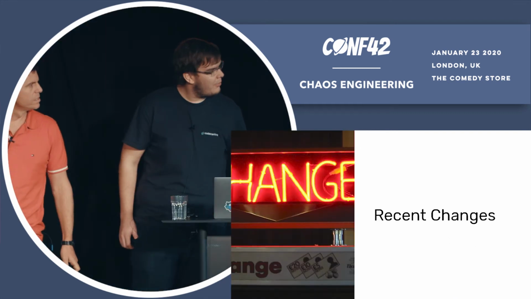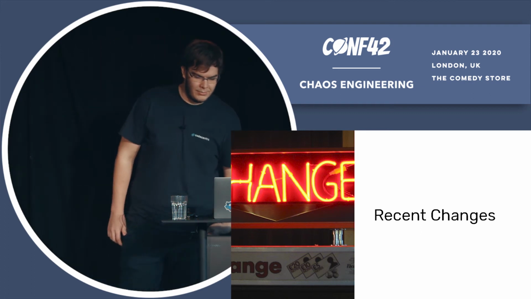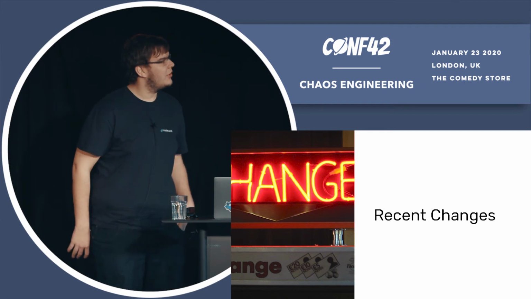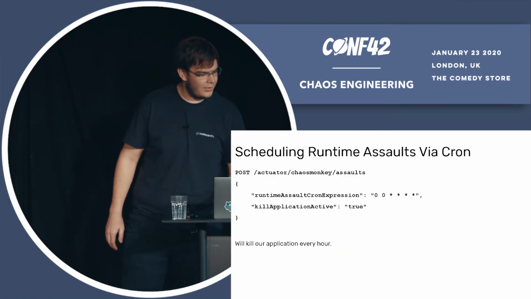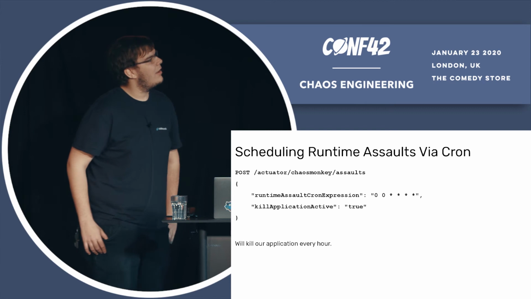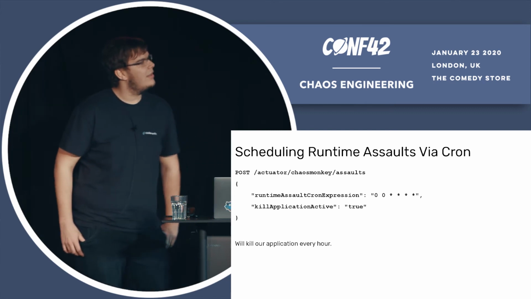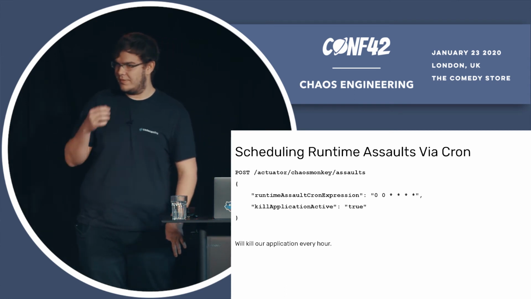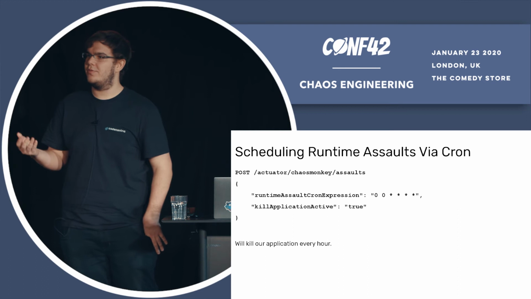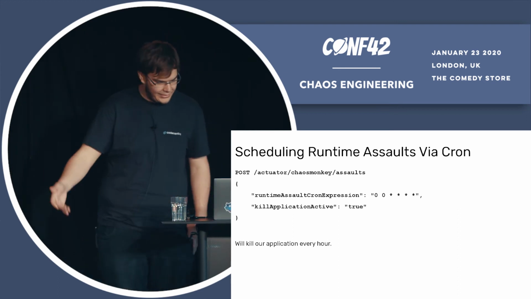All right. Talking about recent changes we made in the Chaos Monkey for Spring Boot. From our past release, we got a new feature. We have two different types of assaults. One is the request assaults, where on every request we do something like latency or an exception.